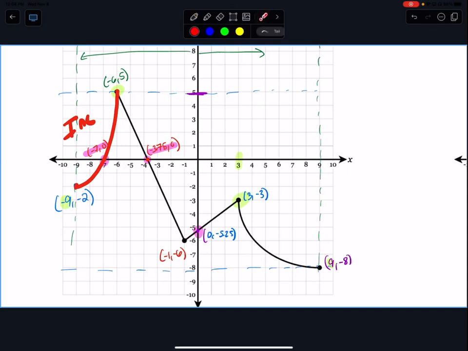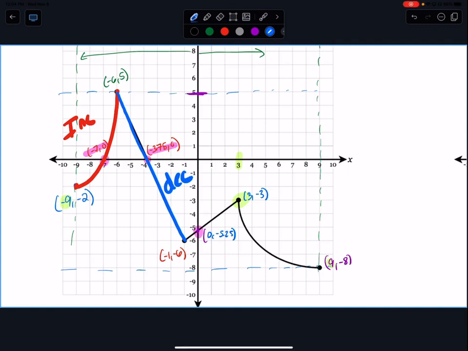Good? If I continue, and now what am I doing here? This part here is decreasing, so let's go change my color here. I'll use red for increasing. In blue here, this is my part that's decreasing. Okay, then I get to the bottom here, and then what am I doing?